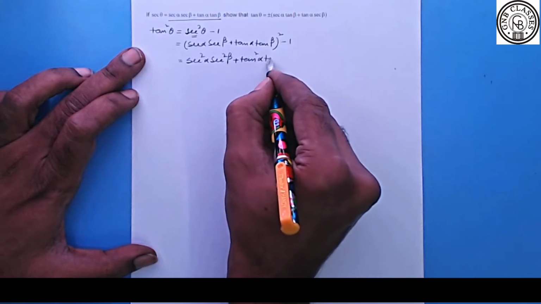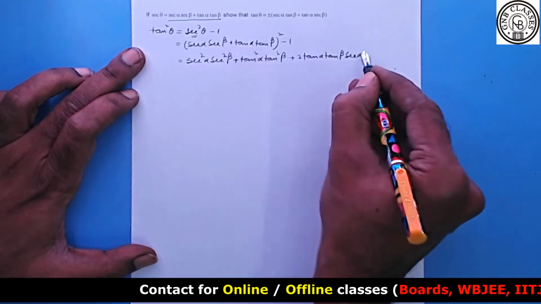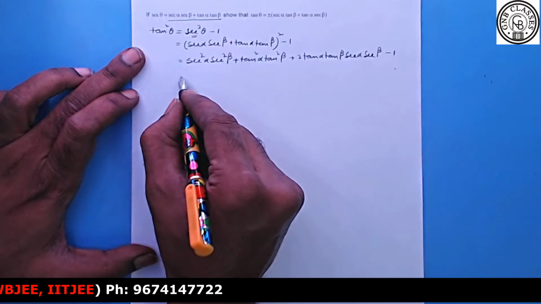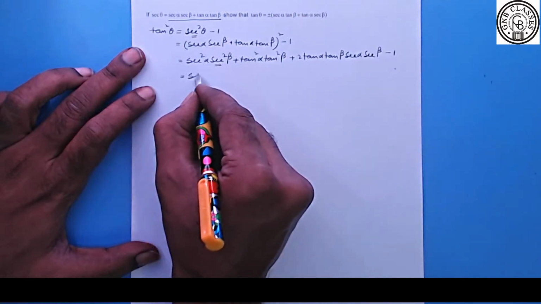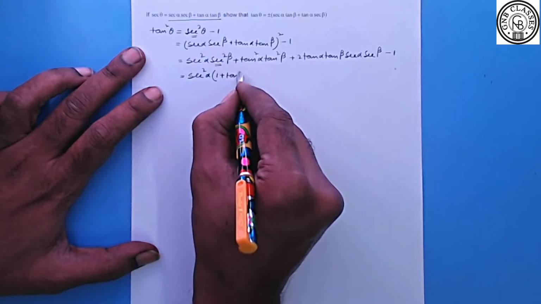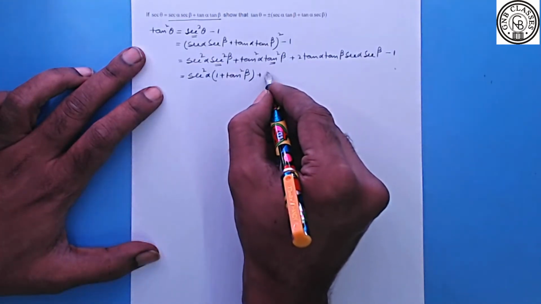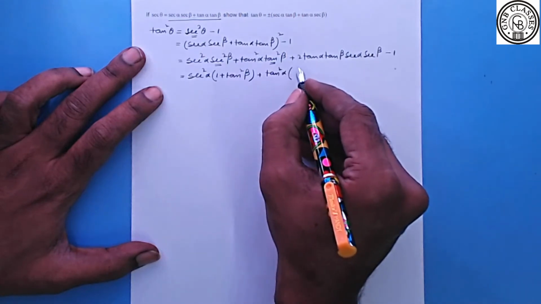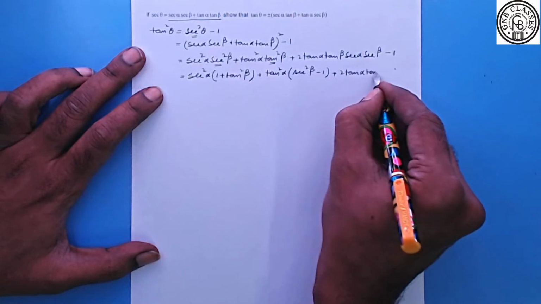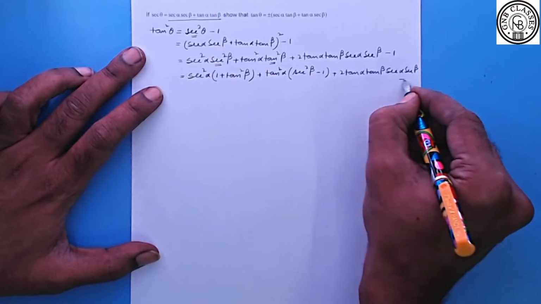(a plus b) whole square. Is it clear? Now, let me open this one, sec square beta, plus, let me open this tan square beta as minus 1.